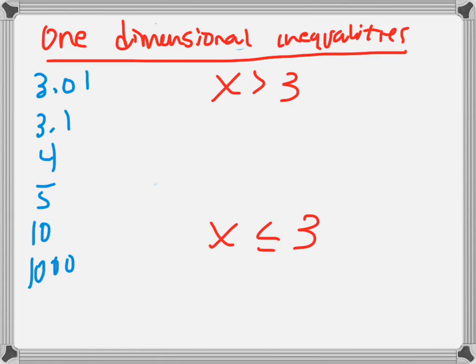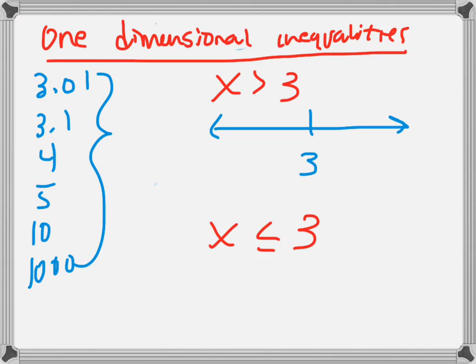So when you have a one-dimensional inequality, because there's an infinite amount of solutions, the way that you show them geometrically is you draw a one-dimensional system, which is just a number line, and you put the number in the middle and you put some numbers on the side. If x is greater than 3, so it can't be equal to 3, we put an open circle at 3 and we shade to the right.